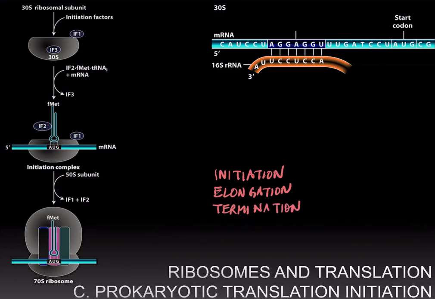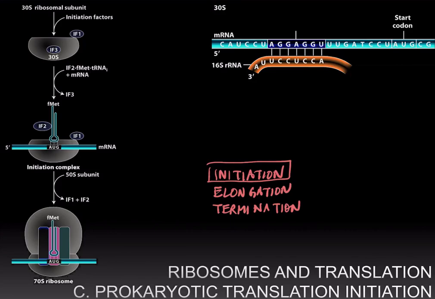Now, prokaryotes and eukaryotes differ slightly in how they initiate translation, and so we will discuss initiation separately, the prokaryotic case as well as the eukaryotic case, whereas elongation and termination are largely conserved between prokaryotes and eukaryotes.